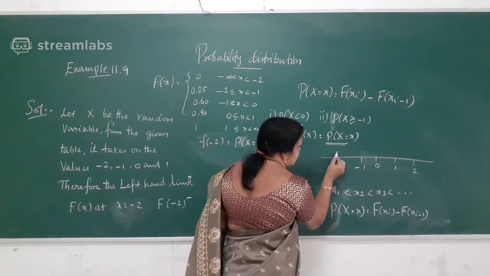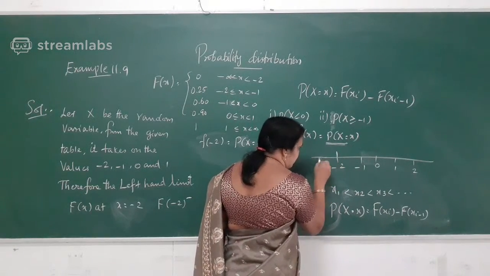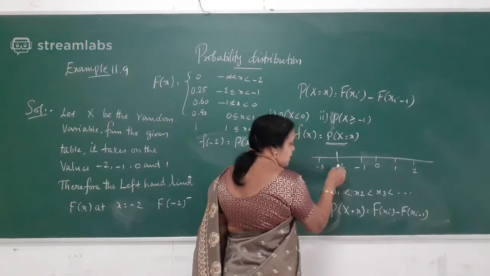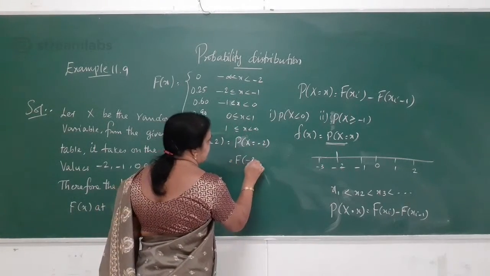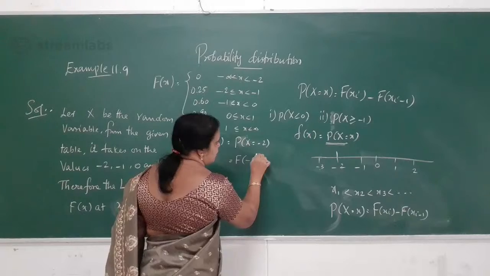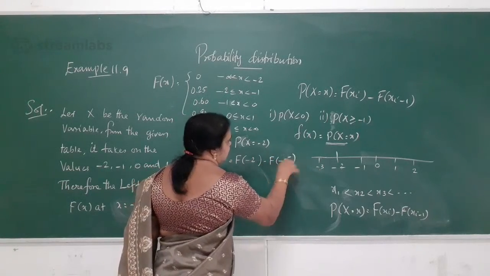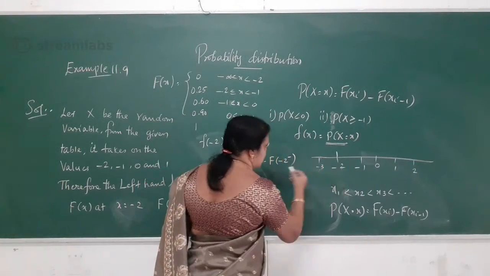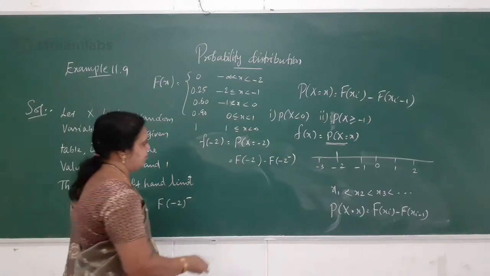Since one more limit is there previously, we have to subtract that limit from this one. So F of minus 2, this is F of minus 2 bar. We have to subtract this limit from this. F of minus 2 is 0.25.